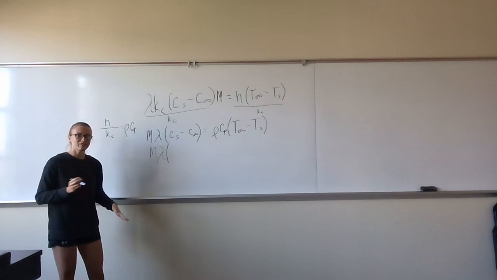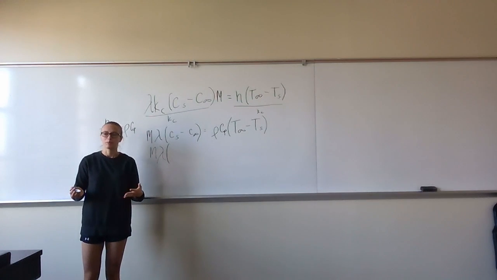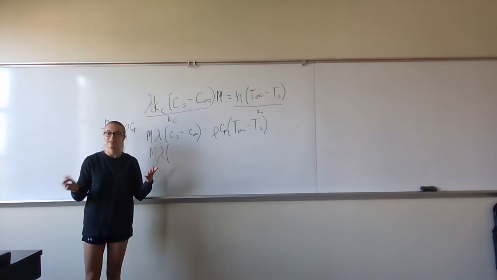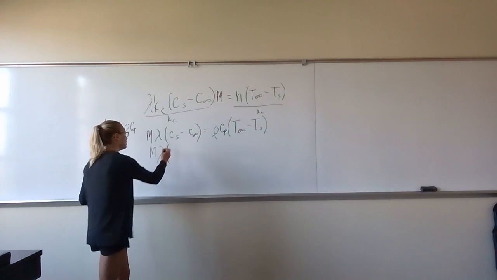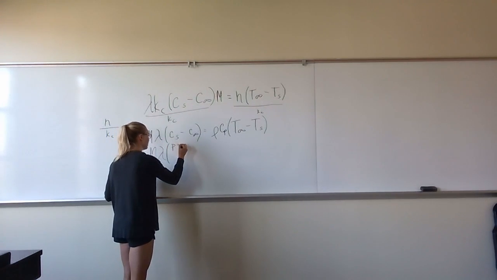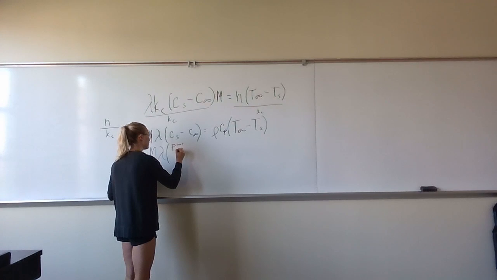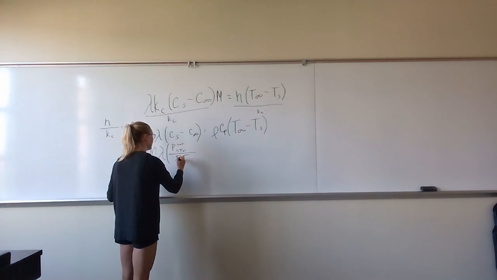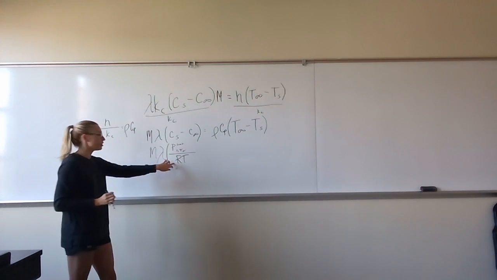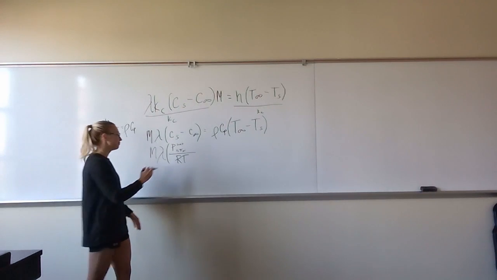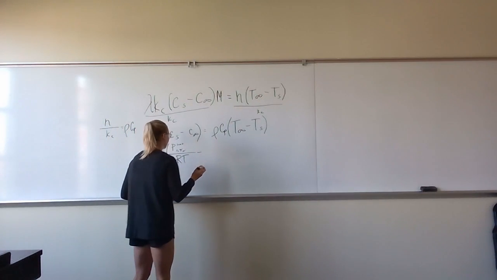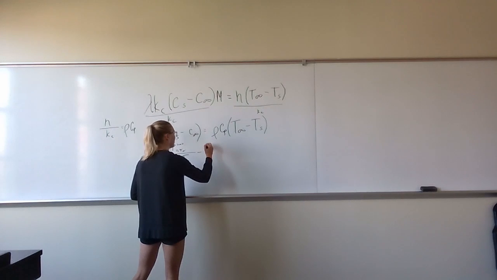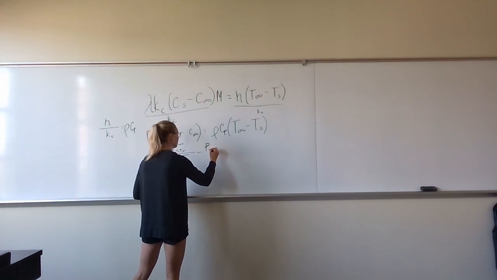So at the surface of the wet bulb thermometer, the pressure of the water vapor is the saturation pressure of the water vapor. So we have the saturation pressure of the water vapor at the surface at the temperature of the water, and that is divided by RT. So this is the concentration in terms of partial pressure. And then far away from the surface, we have the pressure of the water vapor far away from the surface.